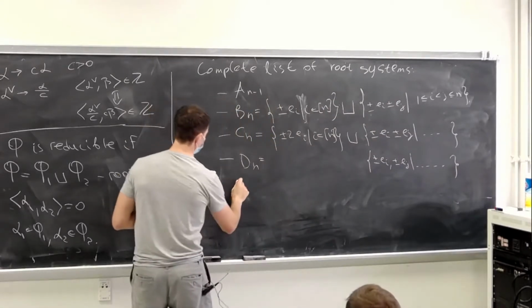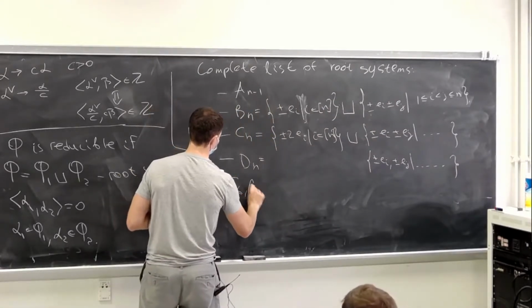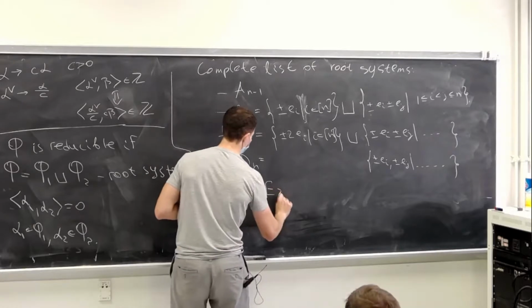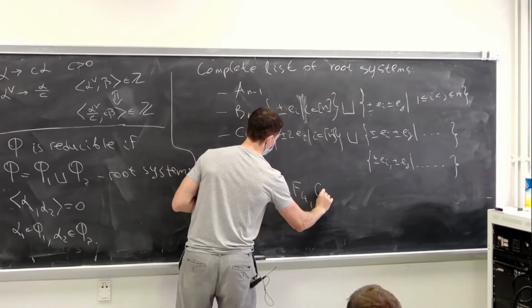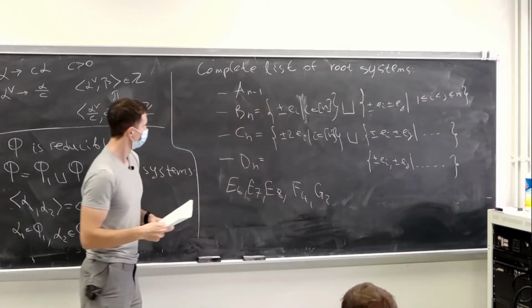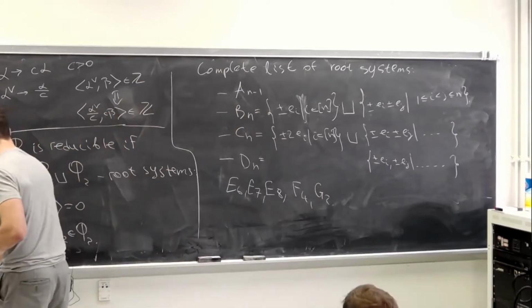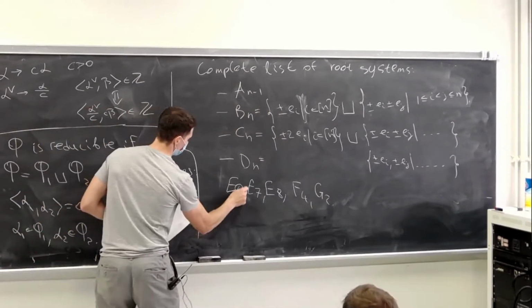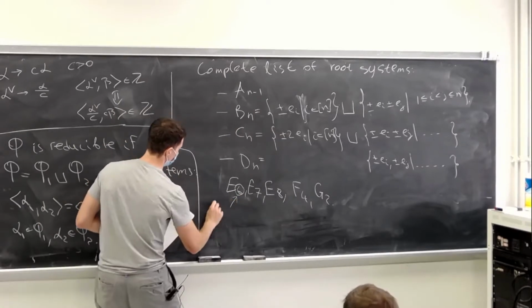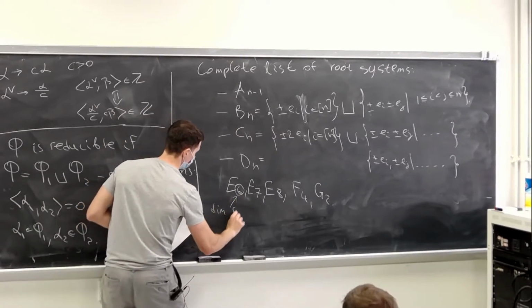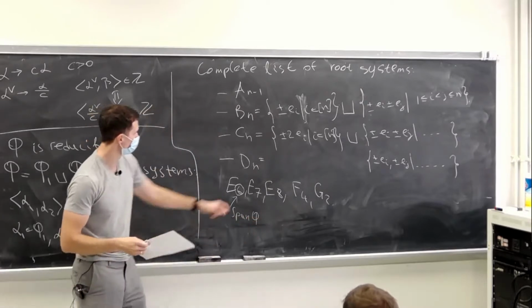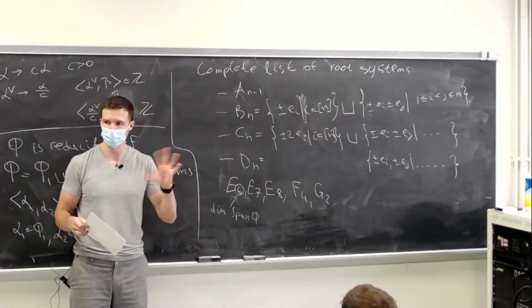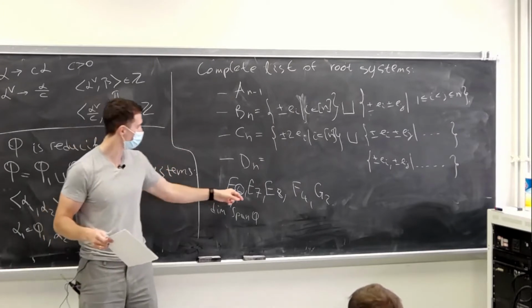And then there's also E6, E7, E8, F4, and G2. So the index here is the dimension of the span of my root system. Whenever you see E6, it means that the span of all roots is 6-dimensional.